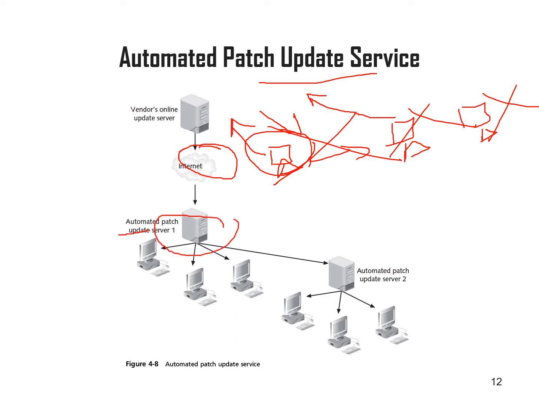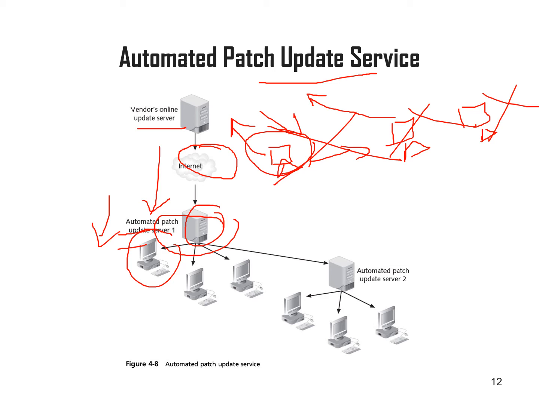This is actually called an automated patch update server. With the help of this server, I dump my updates on a local server present in the local area network. After dumping them here, I may use a system to install and test whether a patch creates any problem for my topology.